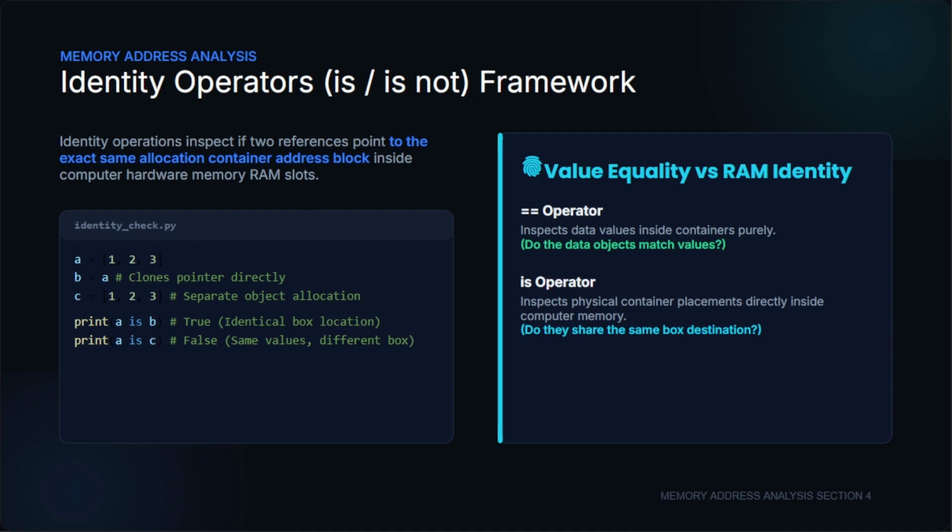Python thinks in a similar way. Sometimes two variables contain the same value but aren't actually the same object. That's what identity operators check. The two operators are is and is not. The is operator checks whether two variables point to the exact same object in memory, not just the same value. Let me show you with an example.